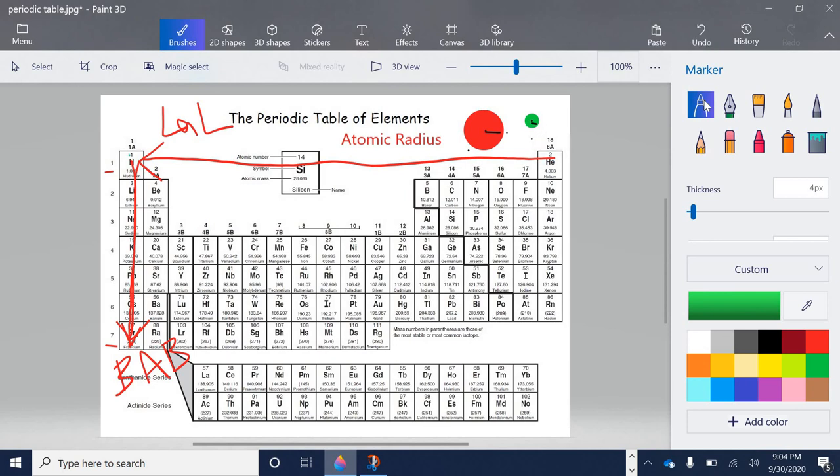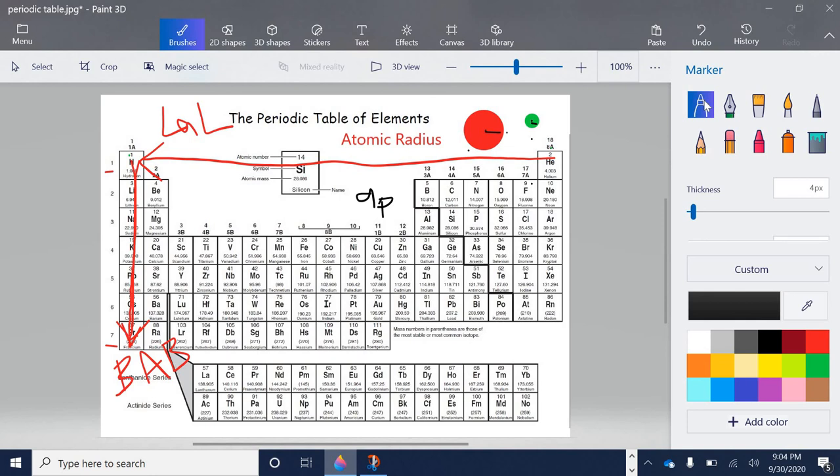That's because things on the left end of the periodic table have more protons in the nucleus than things on the right. For example, fluorine. Fluorine is an atom that has 9 protons in the nucleus. And only 2 energy levels.